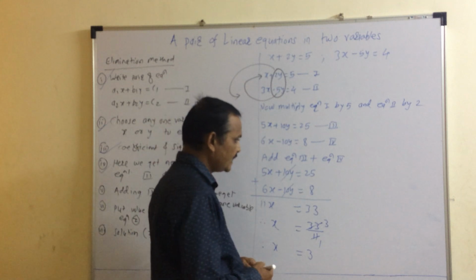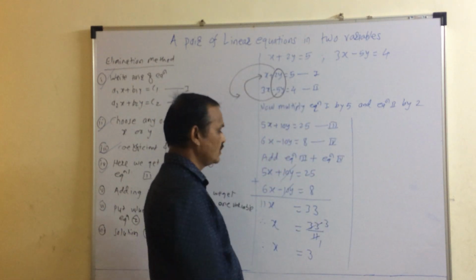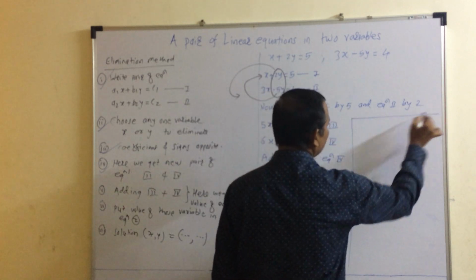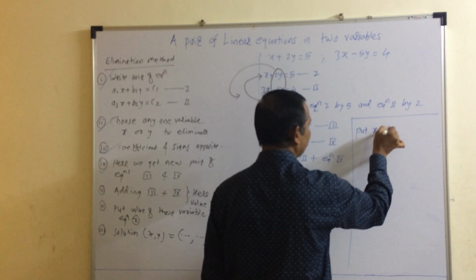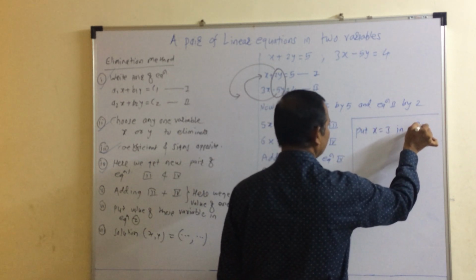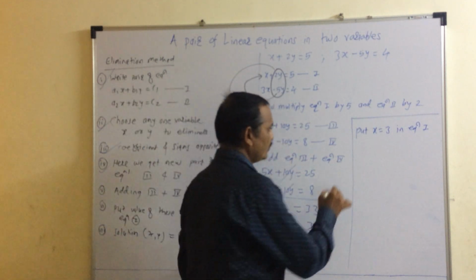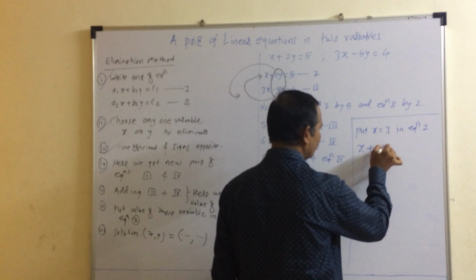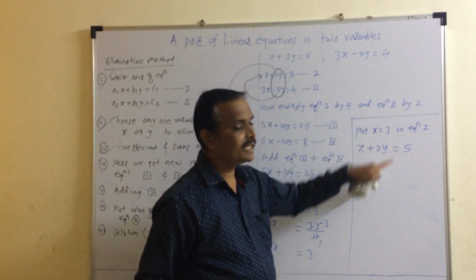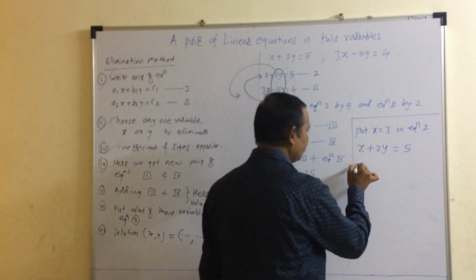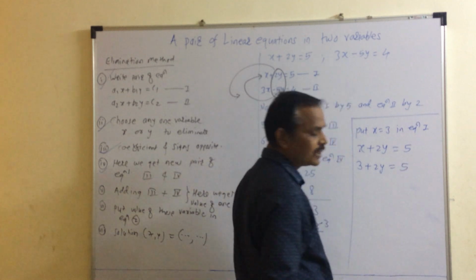Now we must write on the next page: put the value of x is equal to 3 in equation first. What is equation first? We have x plus 2y is equal to 5. We replace x by 3. We get 3 plus 2 times y is equal to 5.